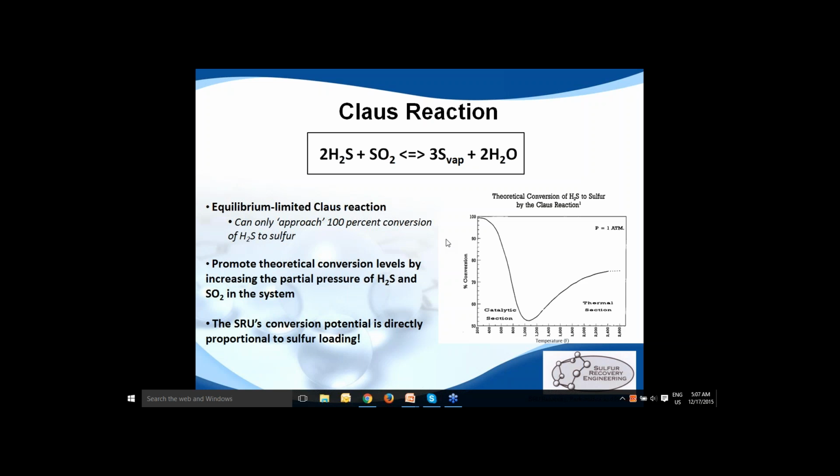And what I mean by that is, due to equilibrium, no matter what we do, we will never be able to achieve 100% conversion of H2S to sulfur. You see on the plot to the right that we never do quite reach 100%, and that is due to the equilibrium control in our process. We can get pretty close, but not to 100.